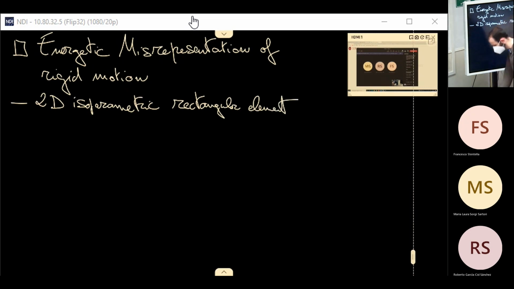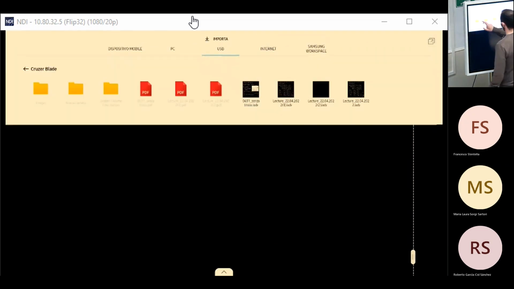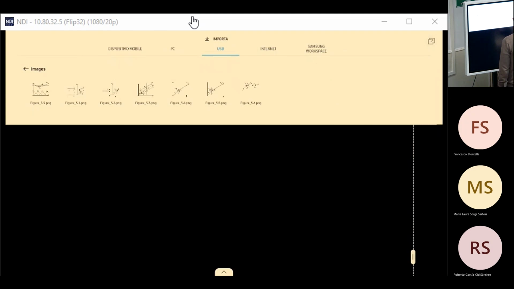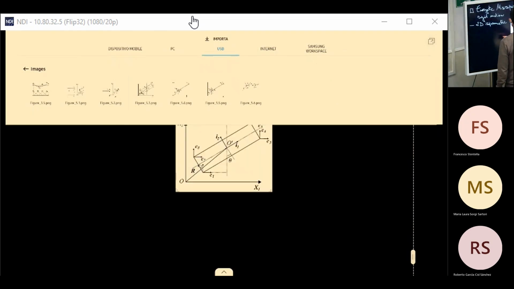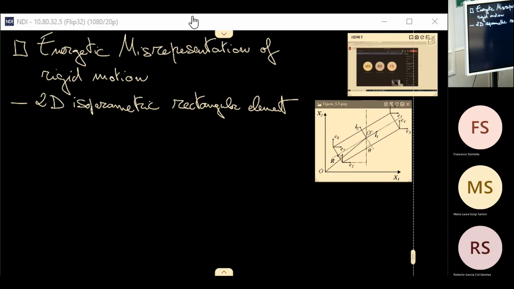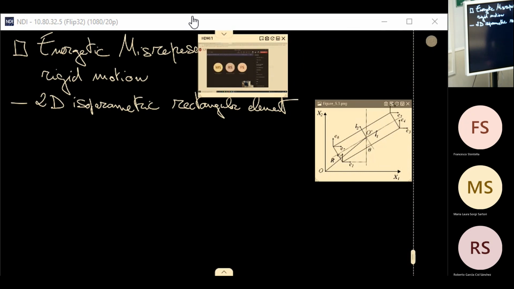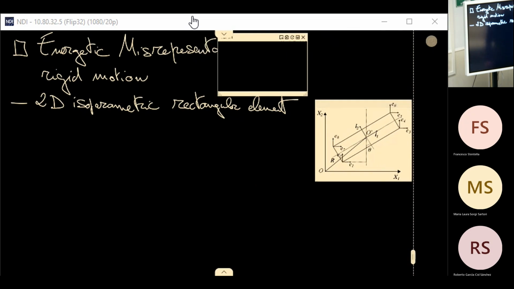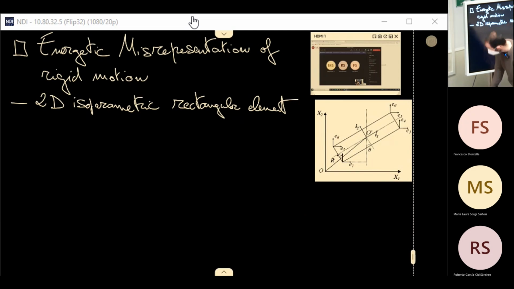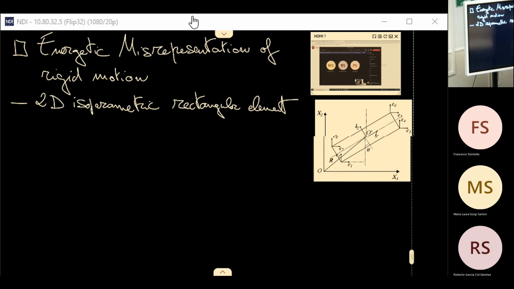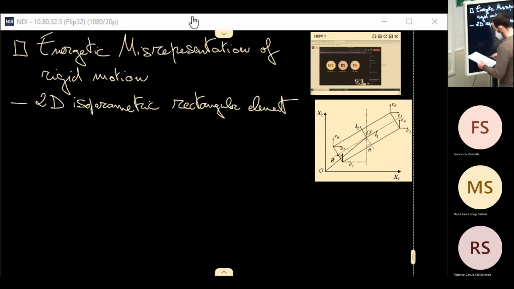And in particular, we can already use, it should be this one. Here, what we did was basically deriving the values of the various nodal coordinates expressed in the inertial frame.